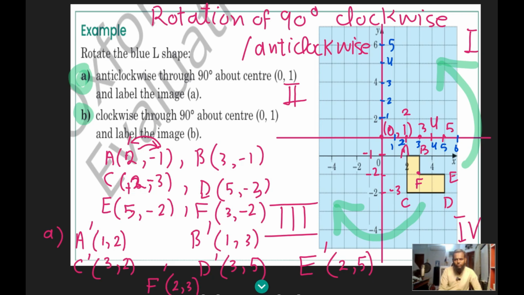1 comma 2. This is A prime, and B prime is 1 comma 3. This is B prime, and C prime is 3 comma 2. Here is C prime, and D prime is 3 comma 5.